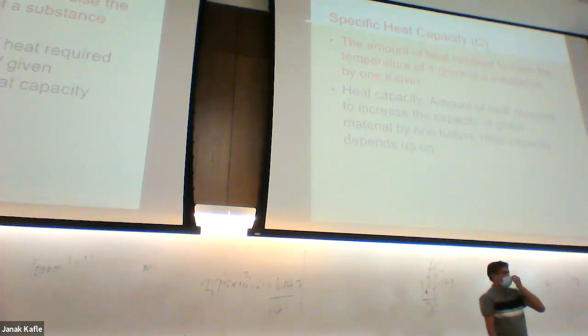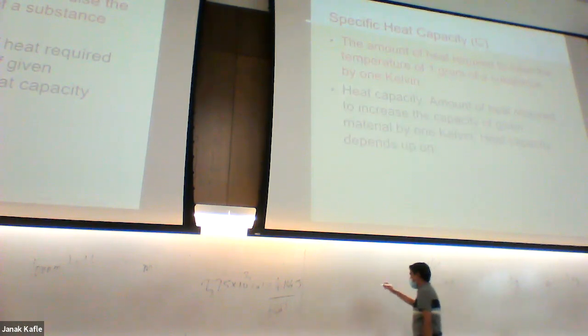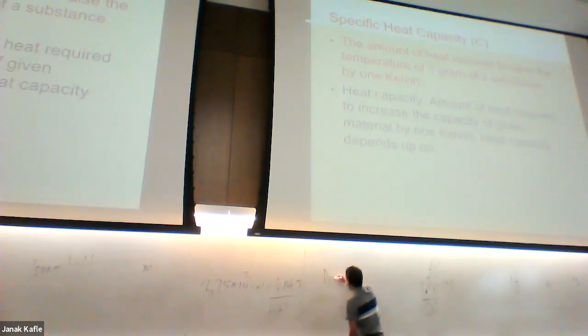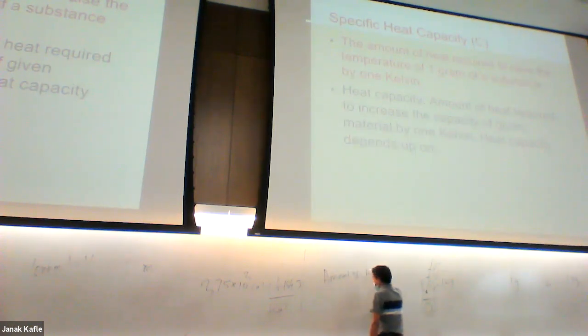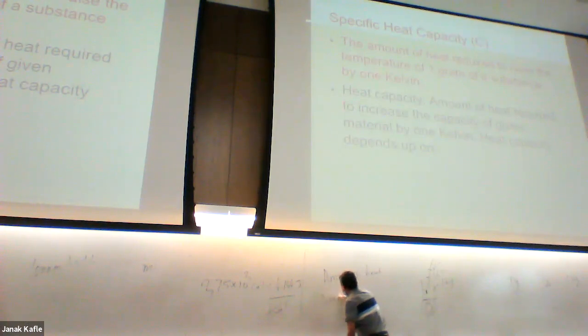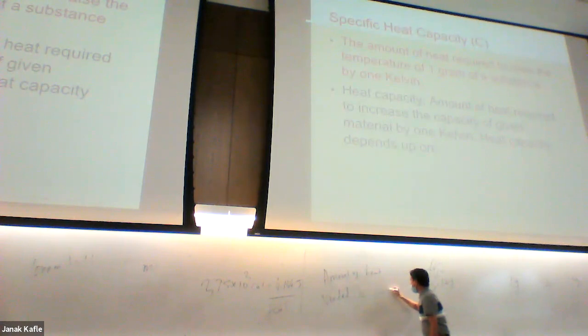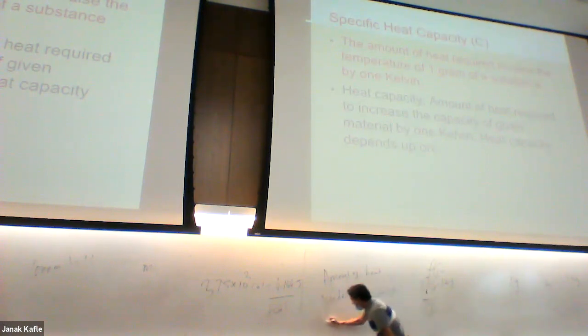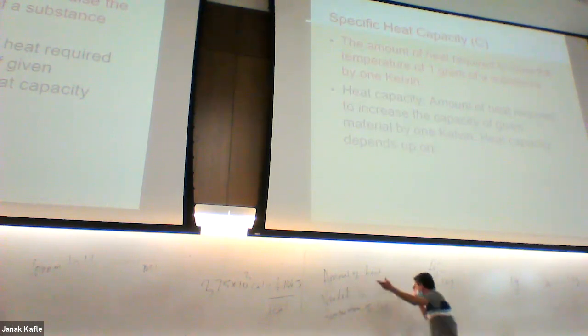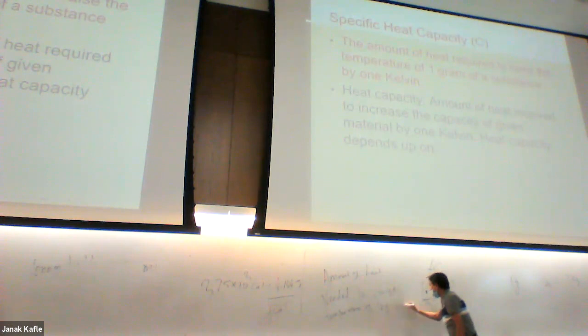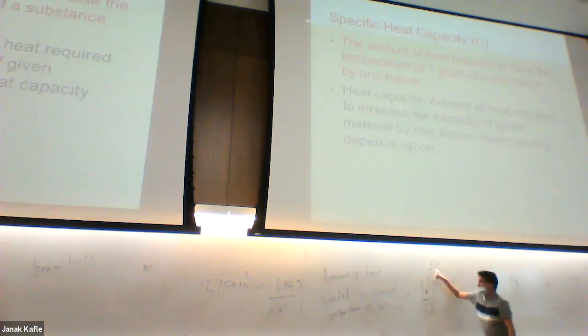Make sense? So specific heat capacity is the amount of heat needed to change the temperature of 1 kg of something by 1 degree centigrade, 22 to 23.